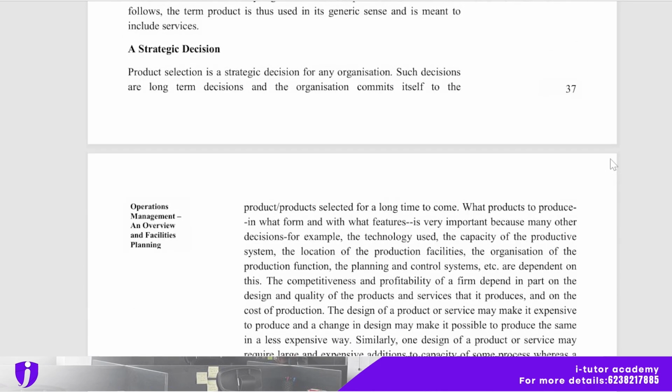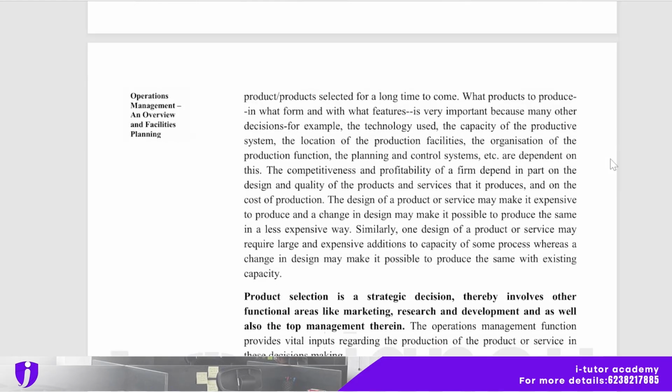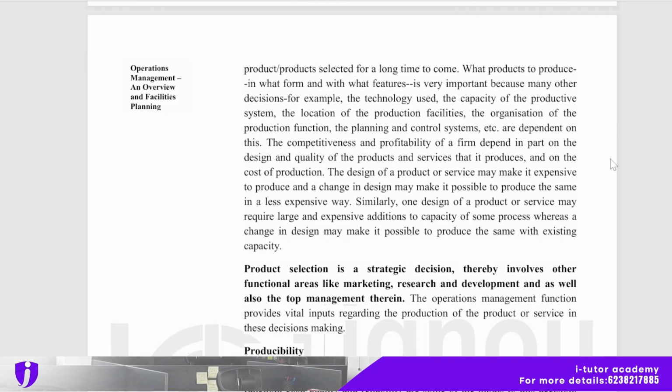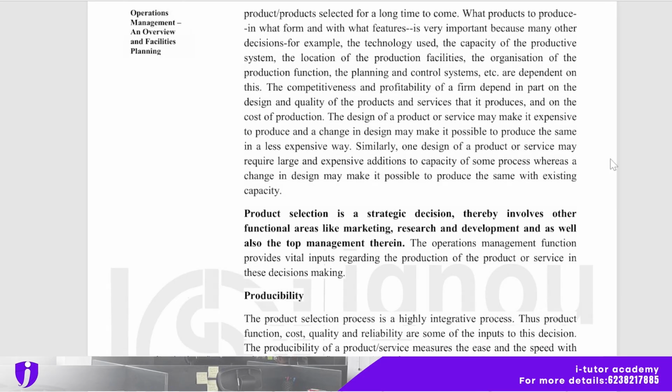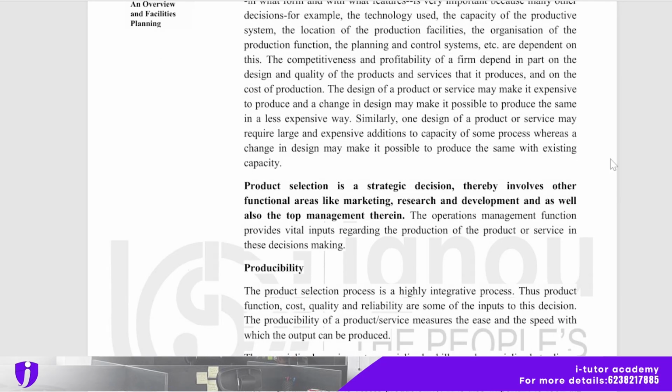Okay, and next is strategic decision. So product selection is a strategic decision for any organization, and such decisions are long-term decisions, and the organization commits itself to the product or products selected for a long time to come. What product to produce, in what form and with what features is very important, because many other decisions, for example the technology used, the capacity of the productive system, the location of the production facilities, follow from it.